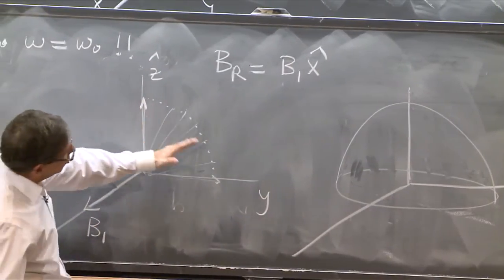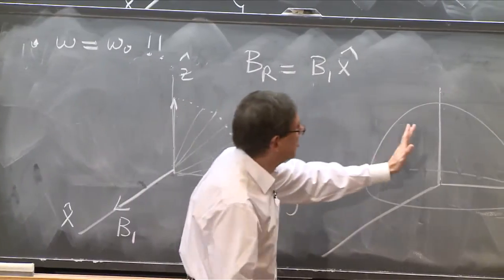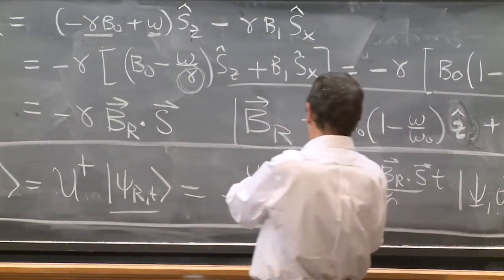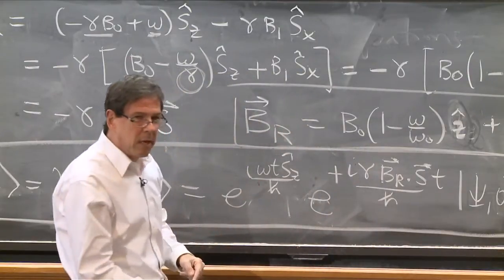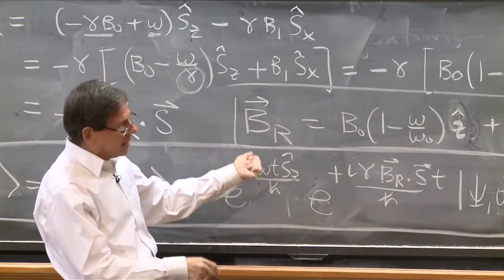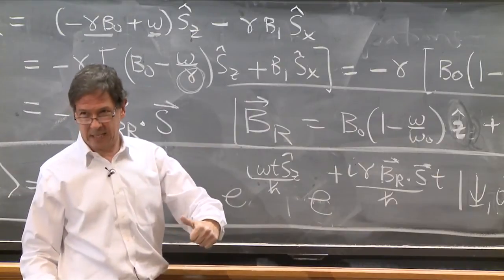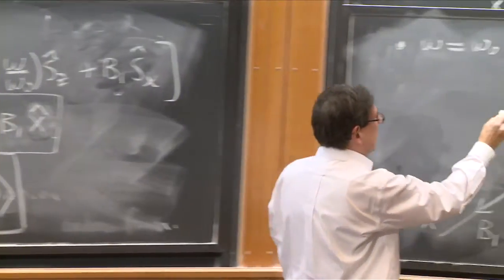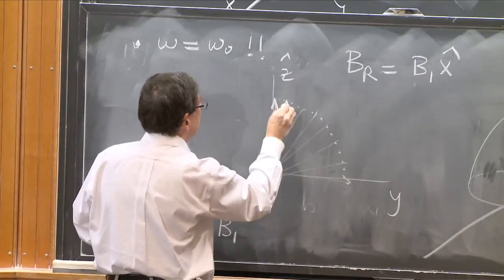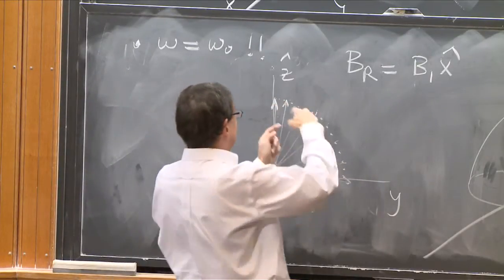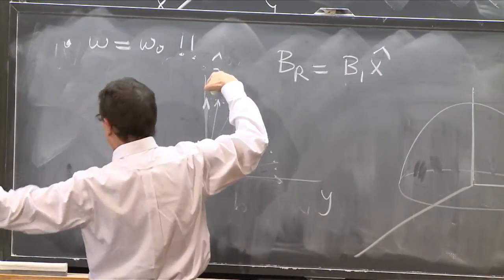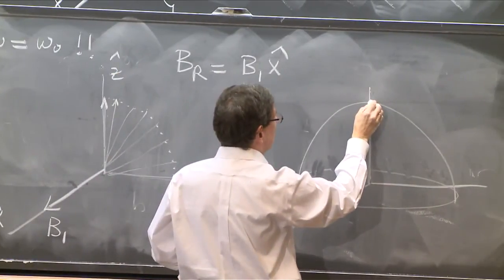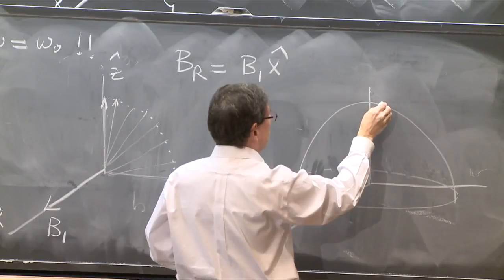B1 is turning it into the y-axis. So rotates a little. So let me ask you, what is the second exponential going to do? It's going to rotate it further, but this time around the z-axis. So this one goes down a little bit in some time, but then the z exponential, the other exponential, is going to rotate it around the z-axis. So this is going to go down a little, but rotate.